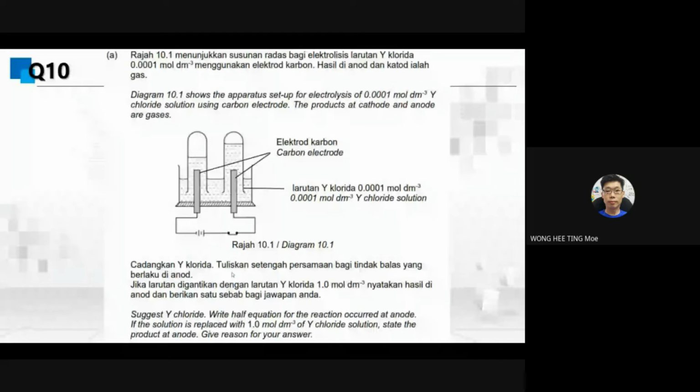So if you see chloride, it's a dilute problem, but if it is concentrated, then it will affect all. Now, it suggests sodium chloride. Write the half equation for the reaction if the solution is replaced with 1 mole per cubic decimeter sodium chloride solution, state the product at the anode, and then give a reason.